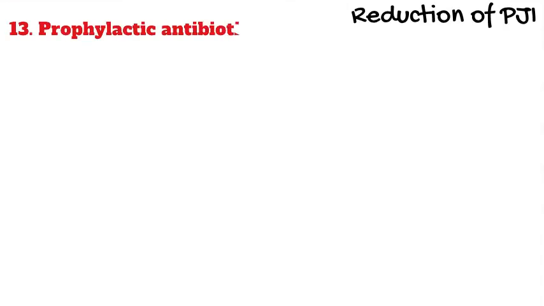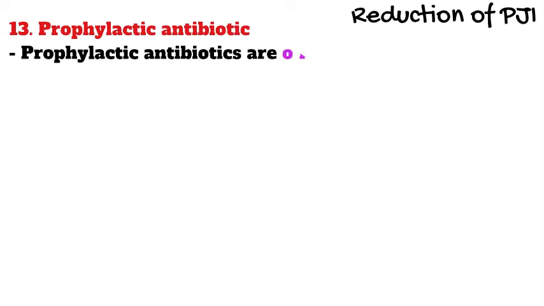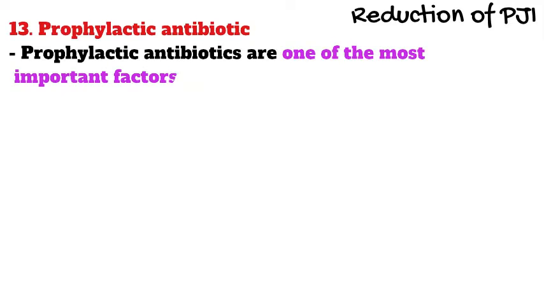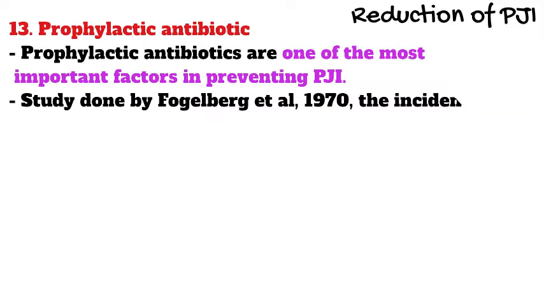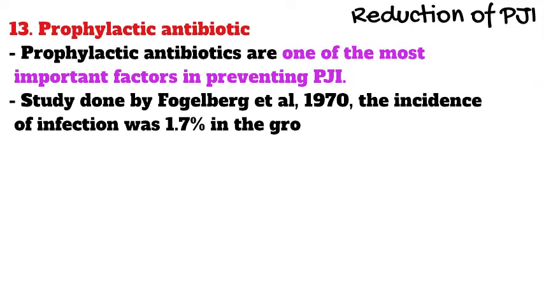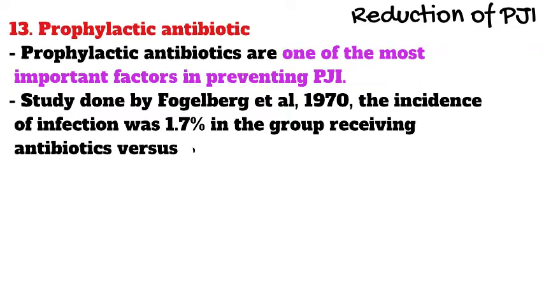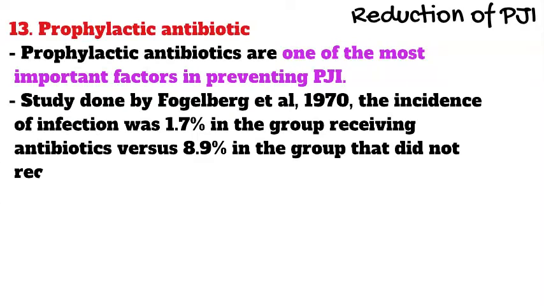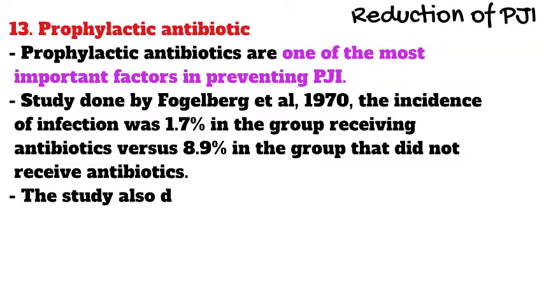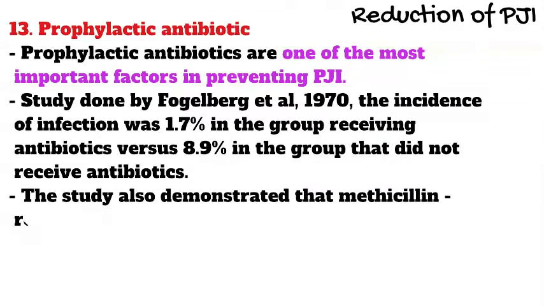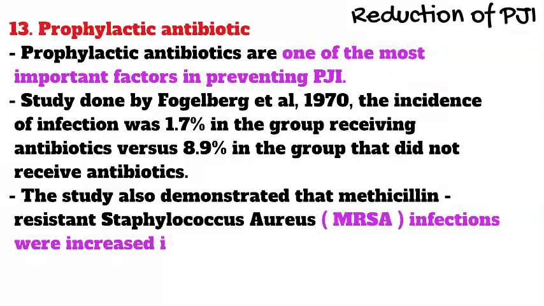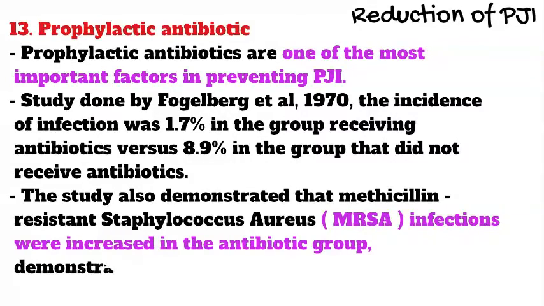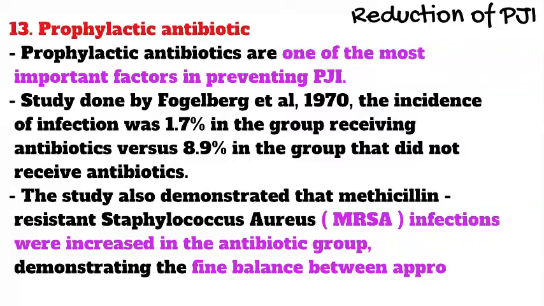Regarding prophylactic antibiotics, number 13. Prophylactic antibiotics are one of the most common factors in preventing a prosthetic joint infection. In a study done by Fogelberg et al. in 1970, the incidence of infection was 1.7% in the group receiving antibiotics versus 8.9% in the group that did not receive antibiotics.